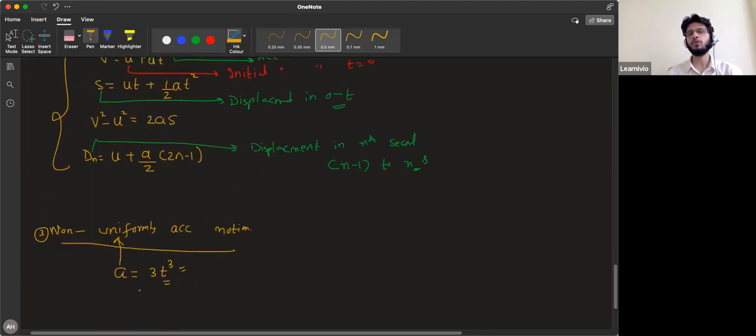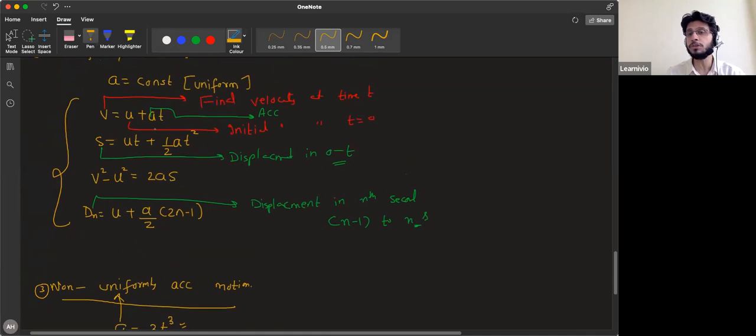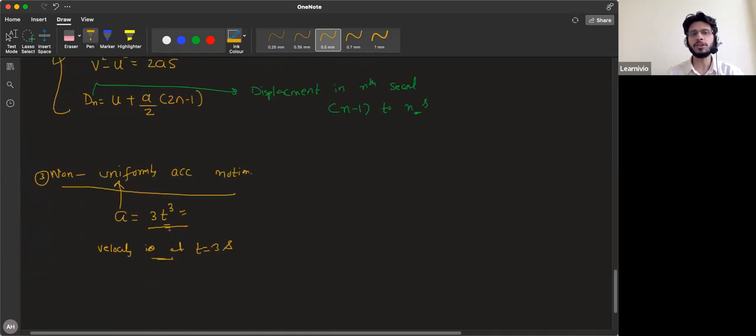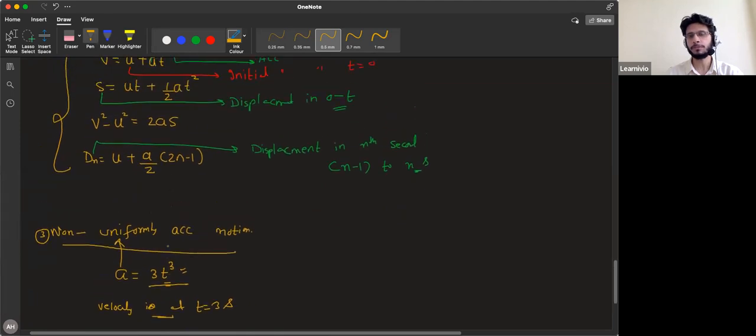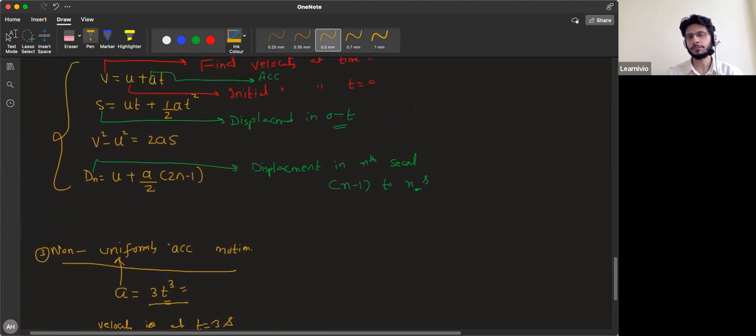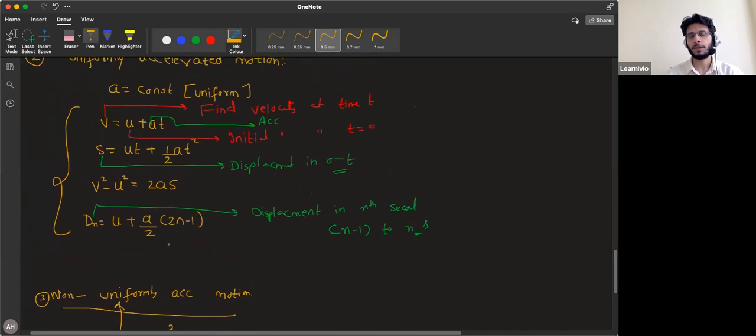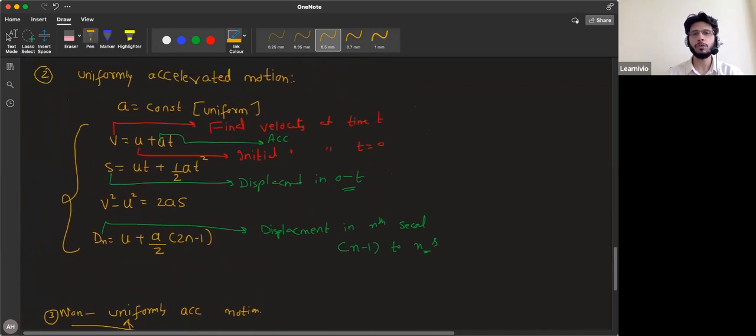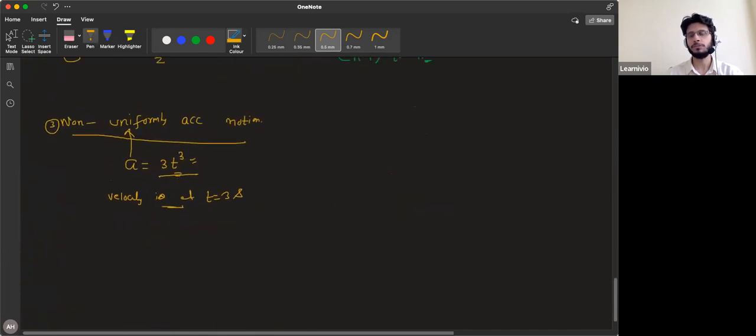If I ask you to calculate velocity, let's say at t equal to 3 seconds, acceleration is given, you're supposed to calculate velocity, but you cannot use these equations. Adriel, why can't we use these 4 equations if acceleration is 3t cube?